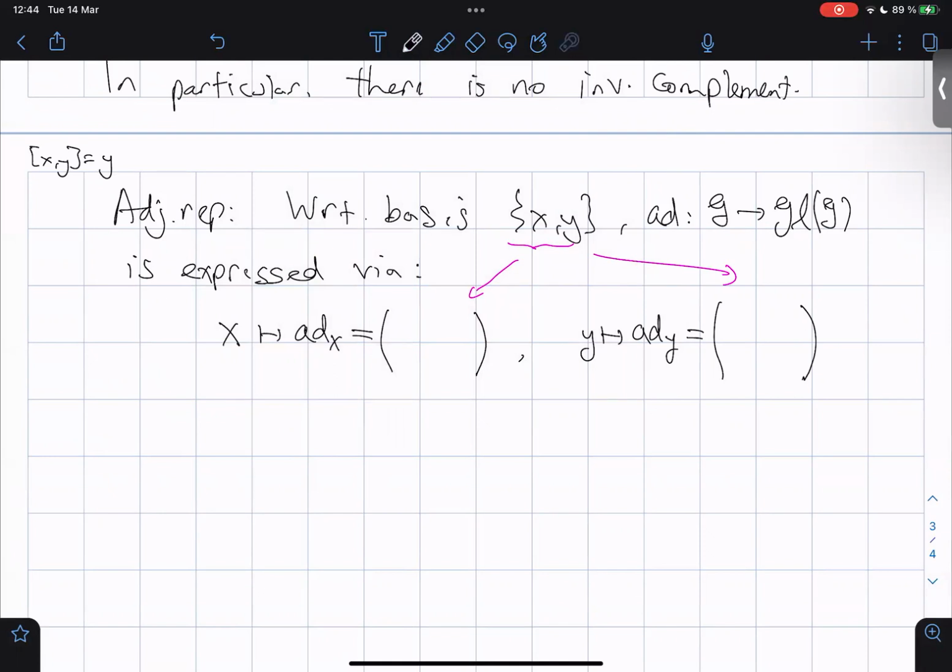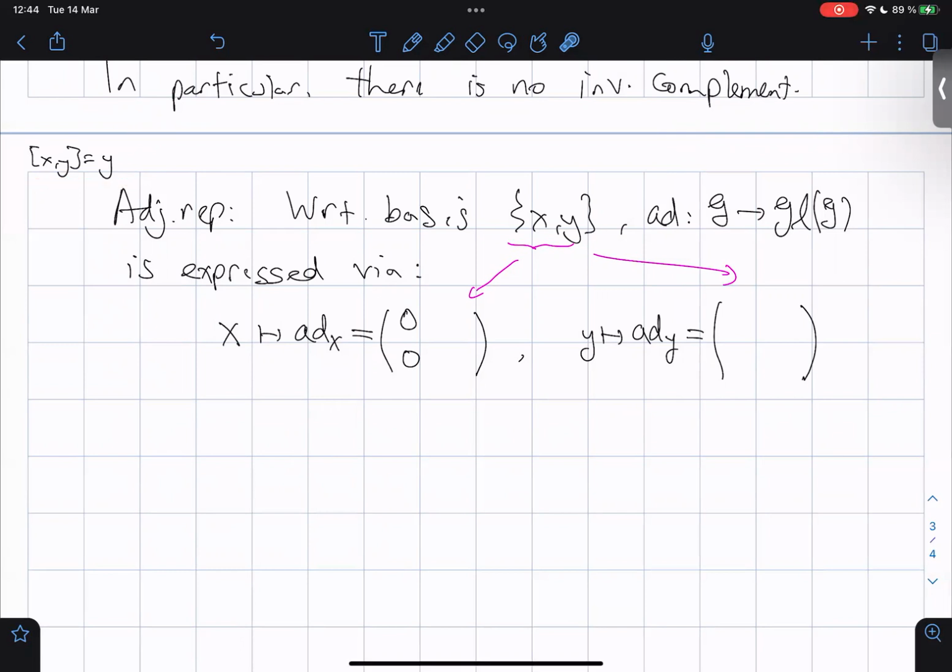Ad x, I apply it to the first basis vector. Well, that's just the 0 vector, which I decompose with respect to the basis x, y, so that's just 0 and 0. So in the first column, I put two zeros. On the second basis vector, the bracket with x gives me y.